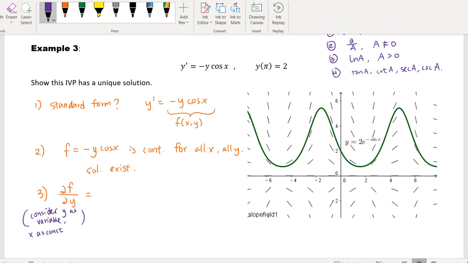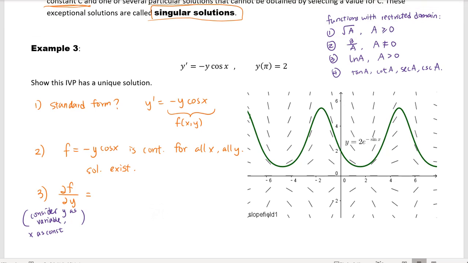Now, since y is the variable, the derivative of y is 1, so we just get minus cosine x. Cosine is also continuous everywhere. This is continuous for all x because it has no y in it, so no matter what y we pick, the function is also continuous. So that's why the solution is unique.